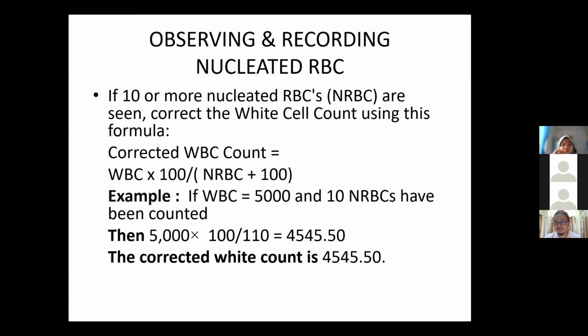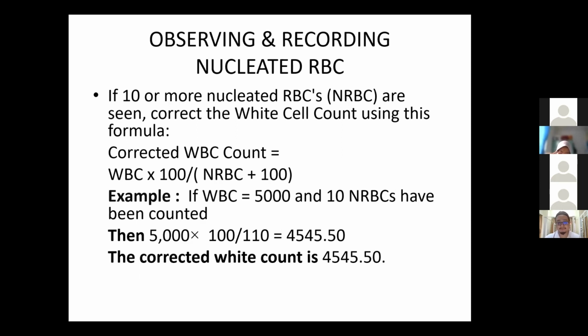So basically, if there are many nucleated RBCs that could be seen, you need then to correct the white cell count. So to correct the white cell count, this is the formula: the WBC that you have counted times 100, and then divided by the number of nucleated RBC plus 100.